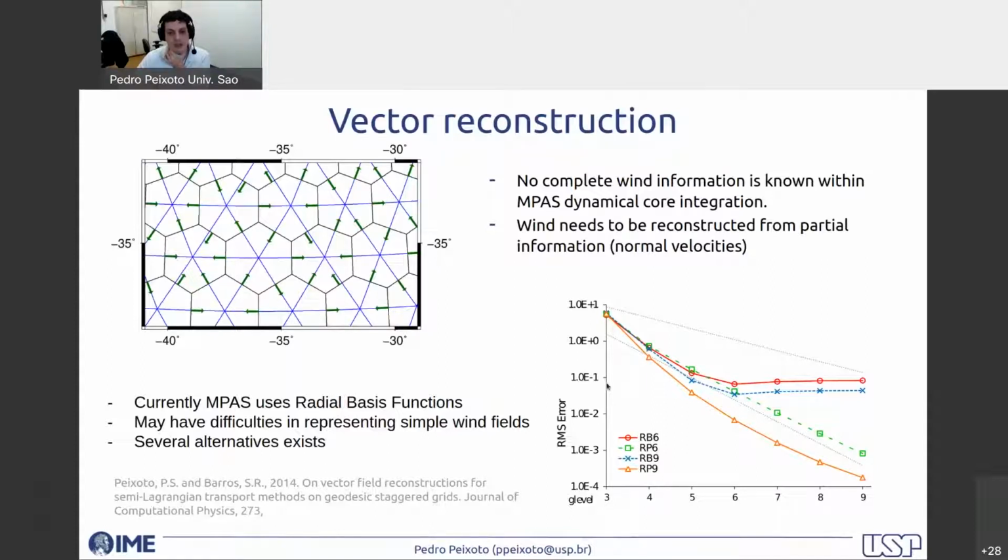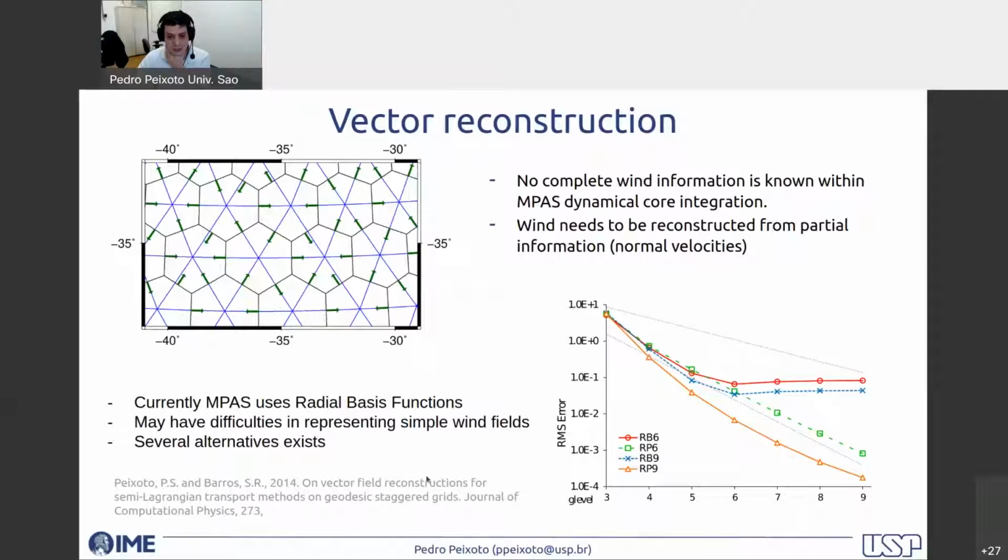What it means is that if you have a constant wind, this kind of reconstruction will not reconstruct a constant wind, right? So you will have errors, not necessarily minor depending on what you're dealing with, on representing wind at a very local scale, which is something important for wind energy.